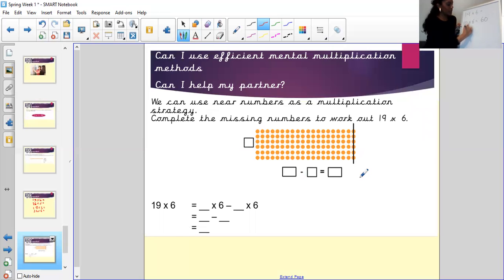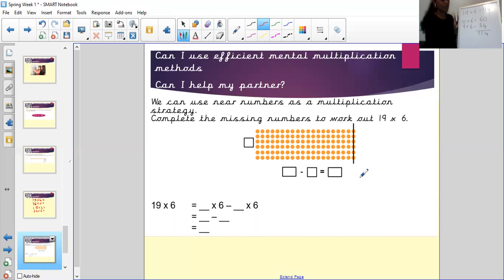And then I could do 9 times 6, equals 54. And then I could add it together. So 0 add 4 is 4, and 6 add 5 is 11. Sorry, 114. So my answer to 19 times 6 is 114.